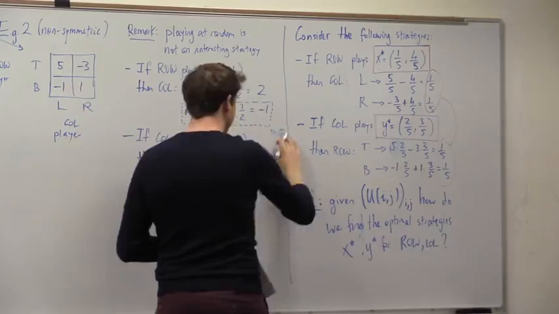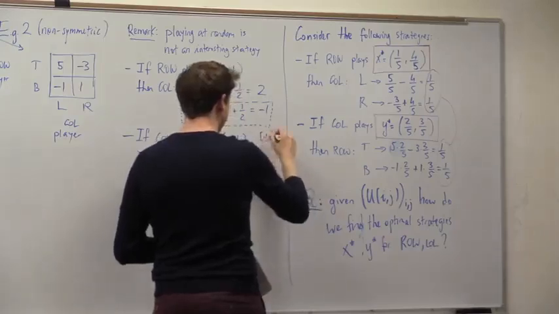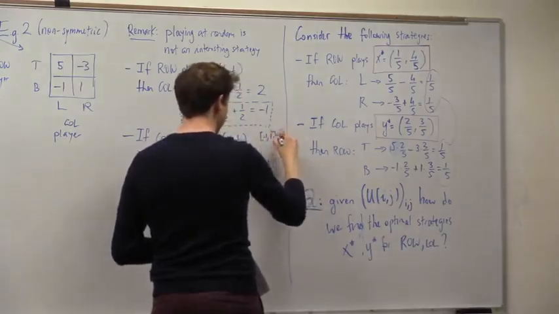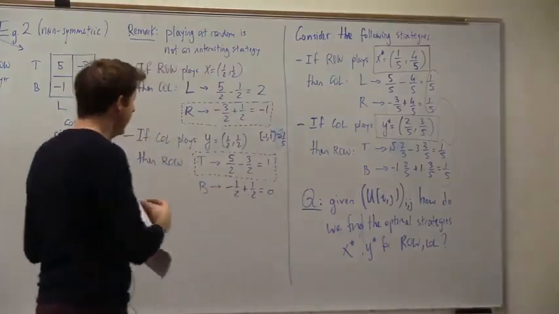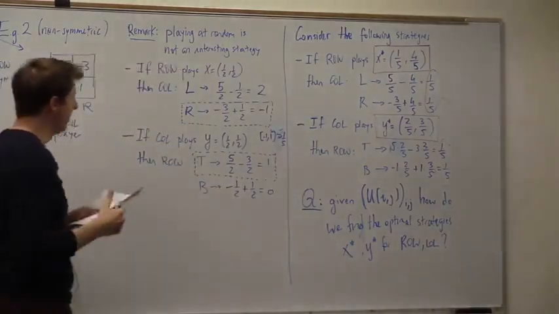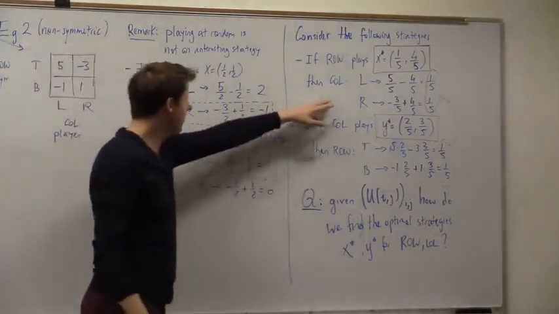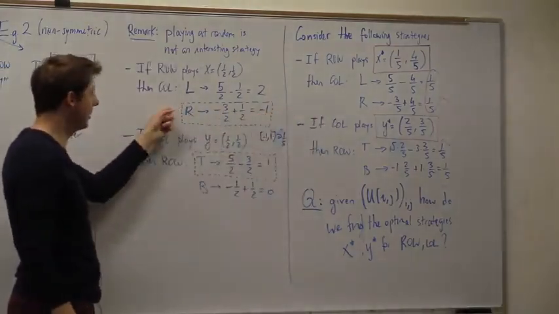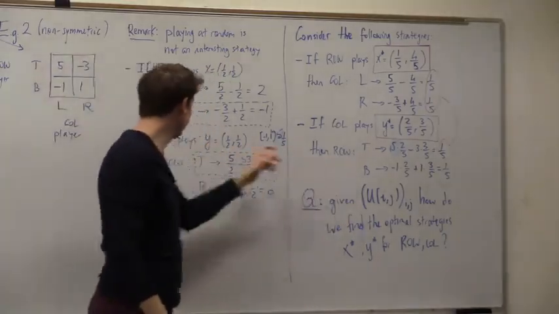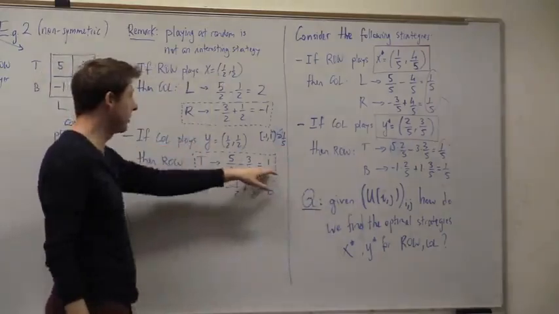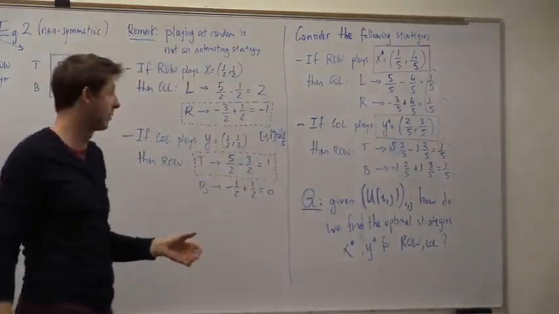In this interval from -1 and 1, it contains 1 over 5. Why? Because this strategy is better for the row player because it achieves a larger value. And this strategy is better than this one for the column player because it achieves a smaller value. That's where they meet in the middle. Okay?